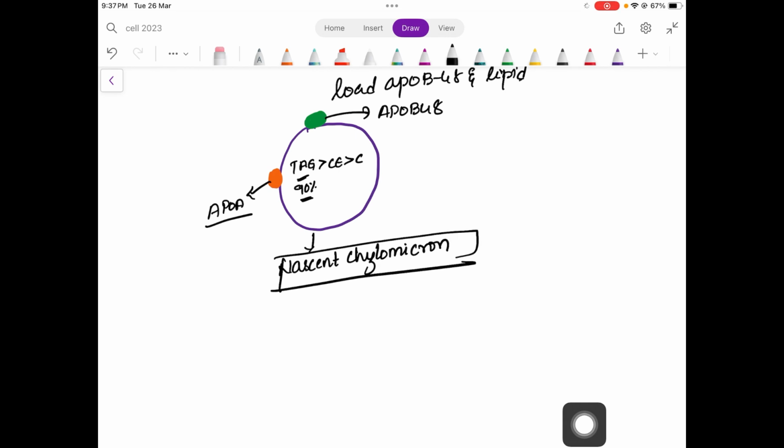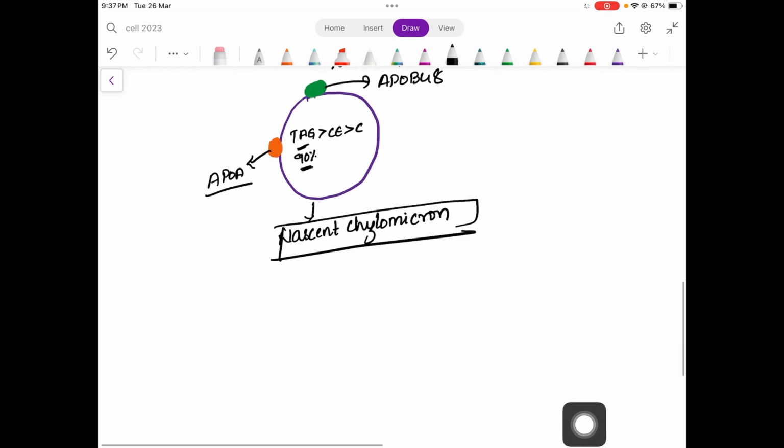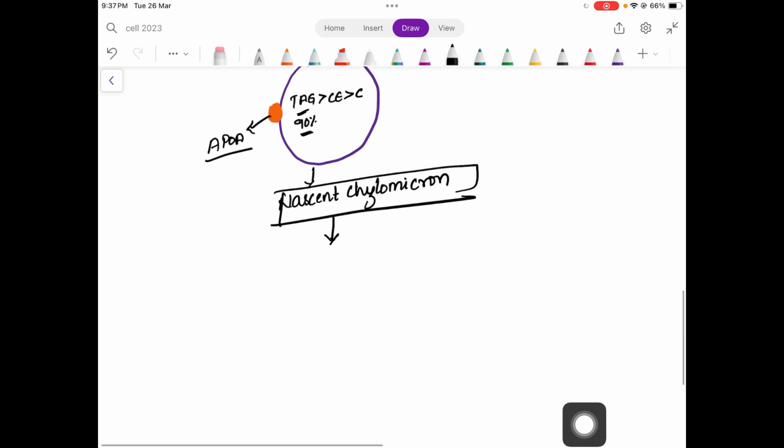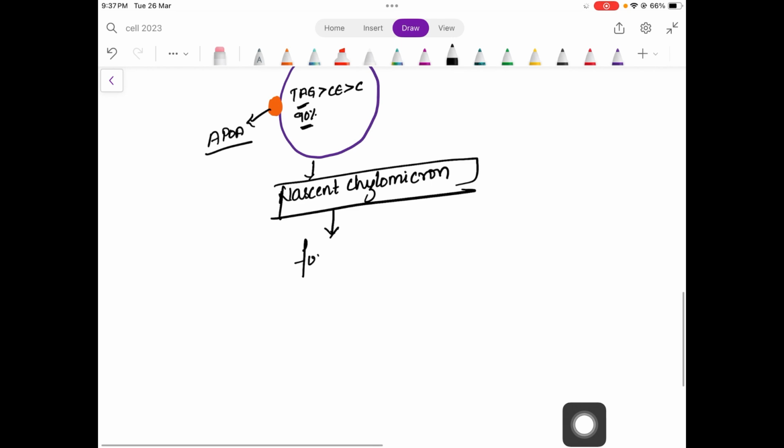And this nascent chylomicron is functionally incomplete, so they cannot function properly.